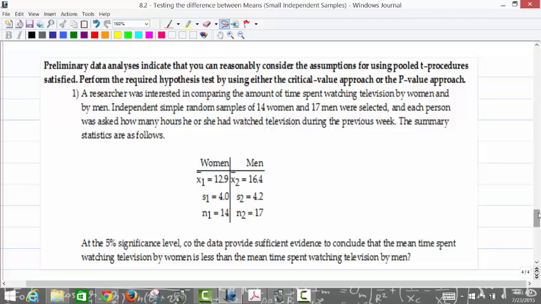At the 5% significance level, do the data provide... This is a typo, not by me, I copied it from somewhere, but CO should be DO. Do the data provide sufficient evidence to conclude that the mean time spent watching television by women is less than that of men?